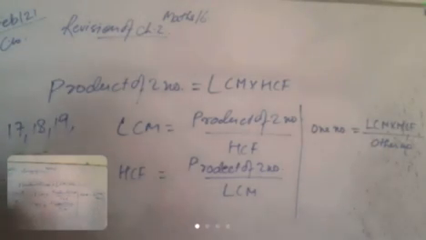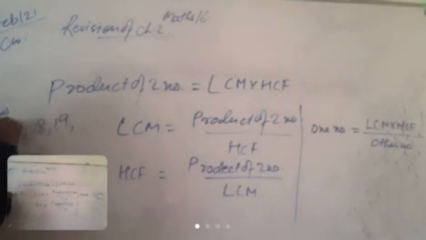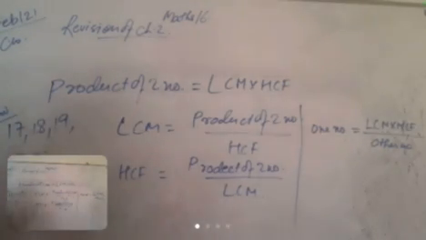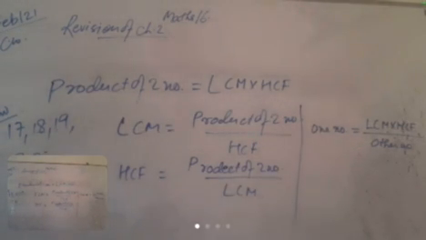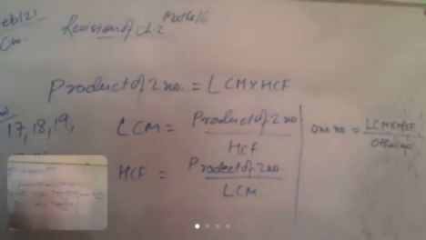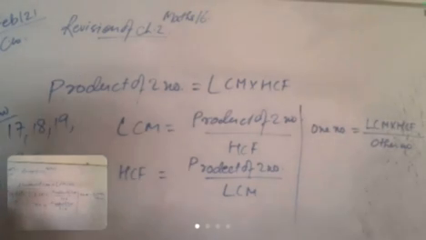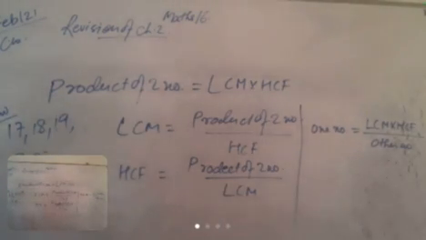This is the homework basically: 17, 18, 19 and 20. Using this formula you can do it on your own. If you find any problem, you will ask in the next class, tomorrow's class.